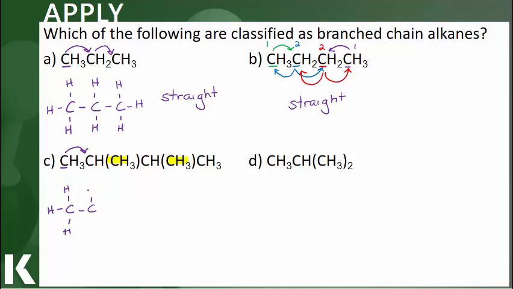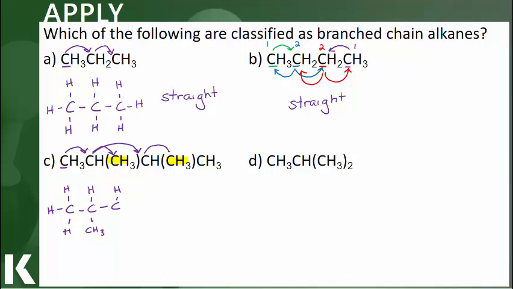This carbon is attached to 1 hydrogen, but it's also attached to this group in parentheses. We have a CH3 group, and it's attached to the next carbon in the chain. This carbon again, next in line, is attached to 1 hydrogen.